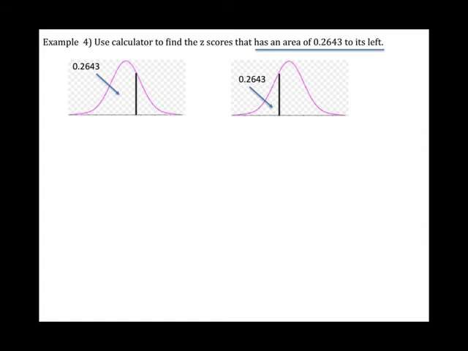Think about it: which one should be the right picture? They should have the area 0.2643 on the left-hand side. Both of them talk about the area to the left, but which one is the correct one?